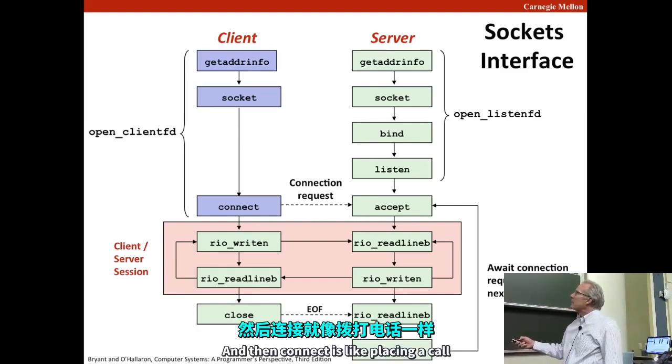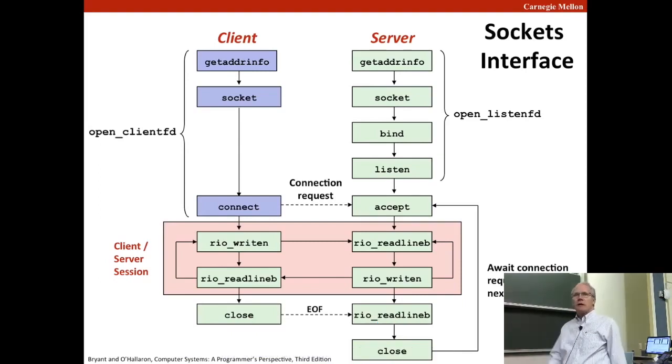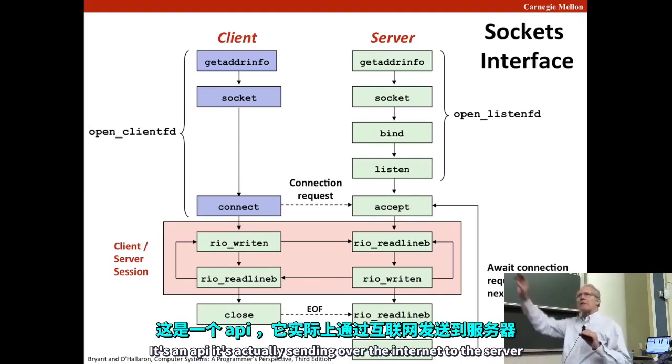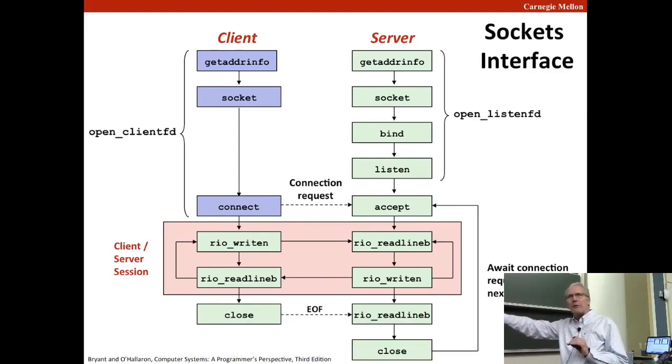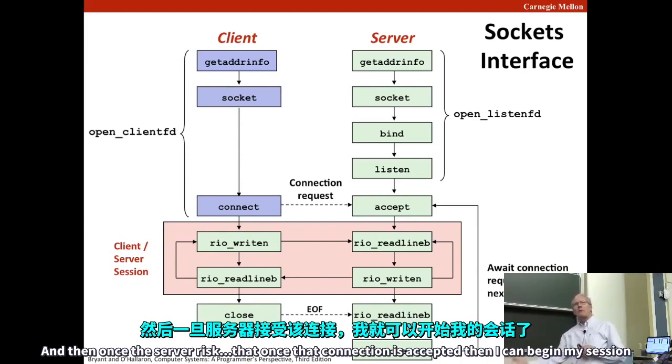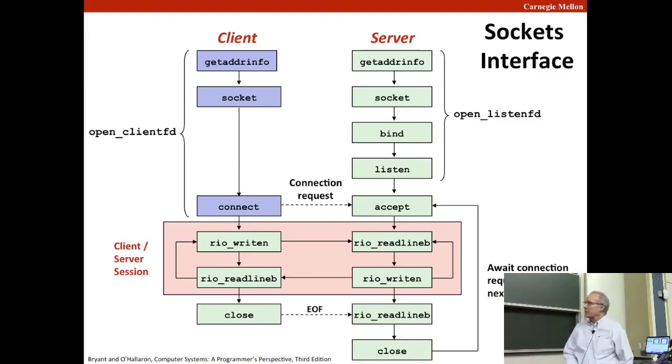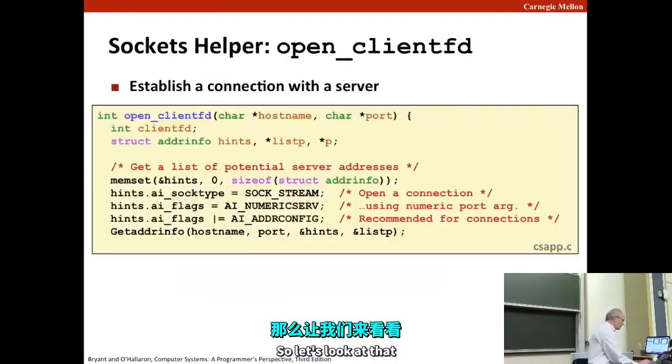And then connect is like placing a call. It's an API. It's actually sending over the internet to the server some information saying, hey, I'd like to connect to you. And then once that connection is accepted, then I can begin my session. So let's look at that.